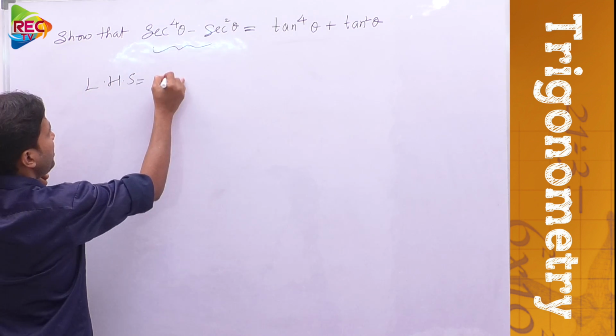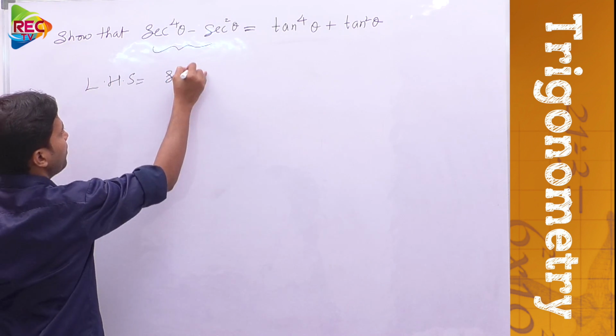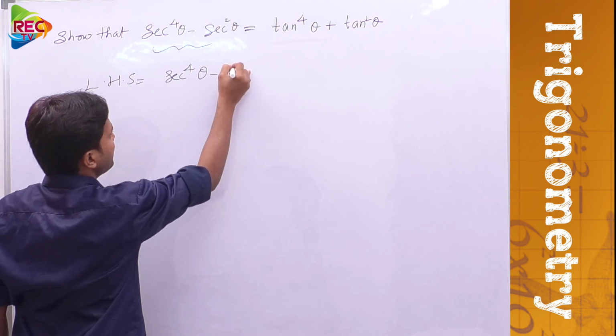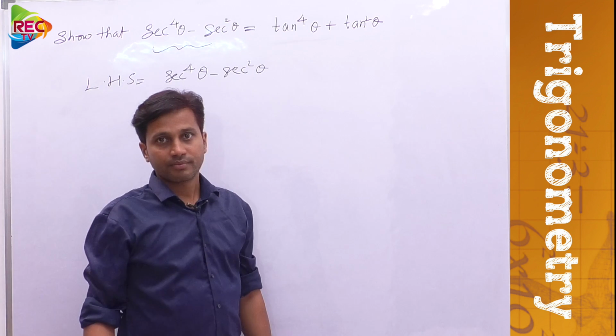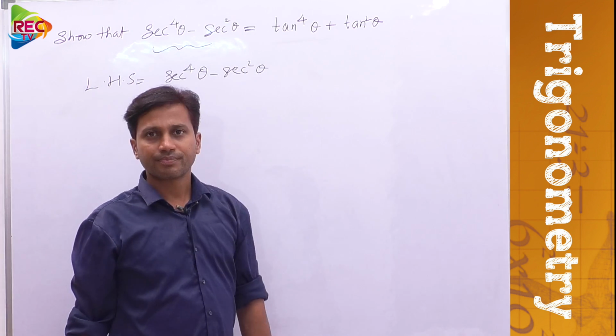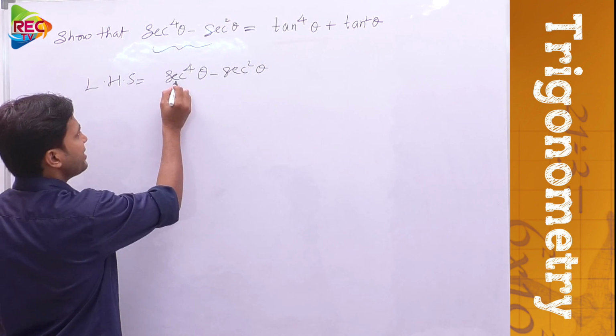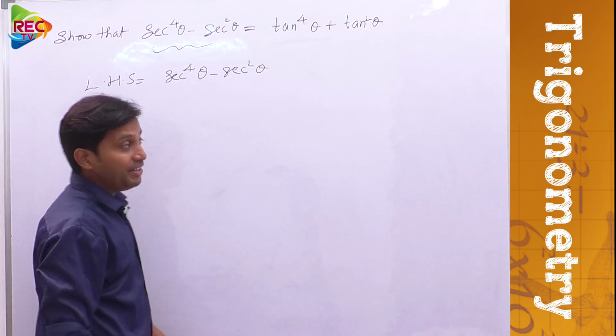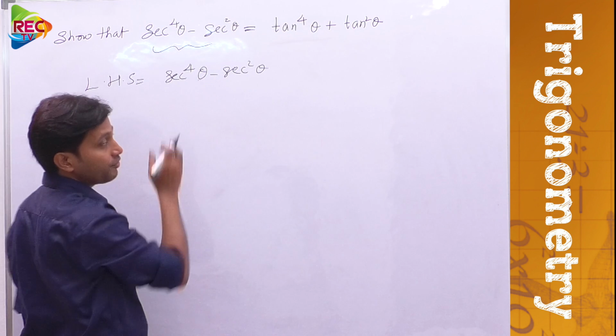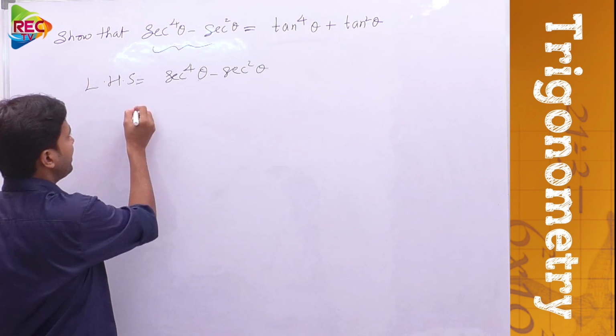What is that LHS part? Secant power 4 theta minus secant square theta, right? Now we need to obtain this one. See here, secant power 4 theta is there and here secant square theta is there. Can we take secant square theta from both of the terms? Exactly, we can take common.